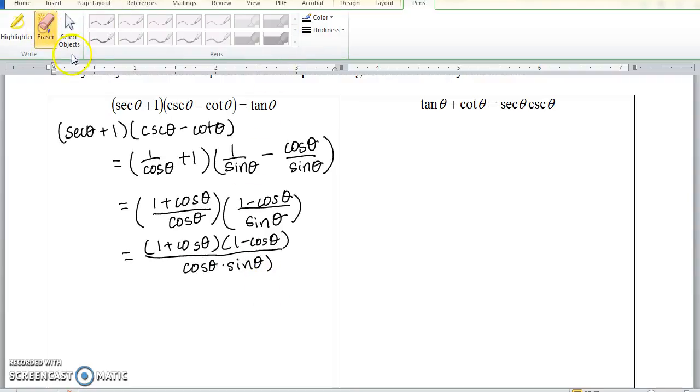Up at the top, we want to go ahead and FOIL that out. You might also recognize that it's kind of like the difference of squares formula, so you might see a shortcut. But if we FOIL it, we'd have 1 plus cosine theta minus cosine theta minus cosine squared theta.